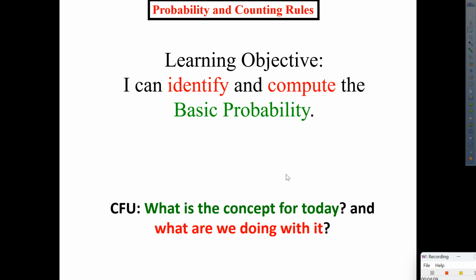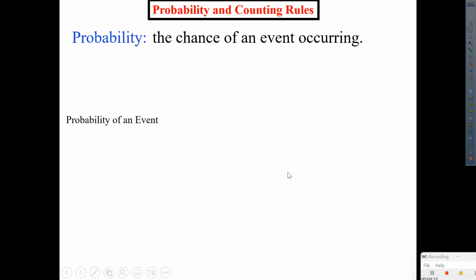All right, so yesterday we started with a game, but today I'm going to give you a probability, a quick intro. Here goes. Write this down. Probability, the chance of an event occurring. The chance of an event occurring. So the chance of an event occurring, also known as the probability of an event.